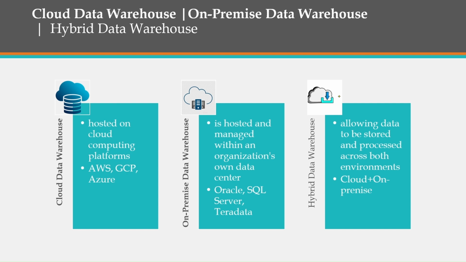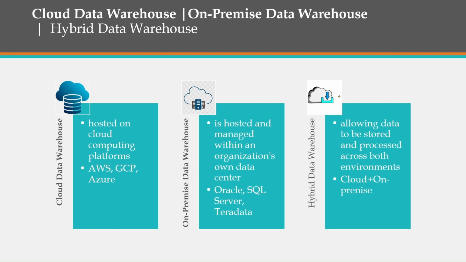While an on-premise data warehouse is hosted and managed within an organization's own data center. This model involves investing in and maintaining physical hardware, servers, and infrastructure. The most popular on-premise data warehouse solutions are Oracle Exadata, Microsoft SQL Server, and Teradata.